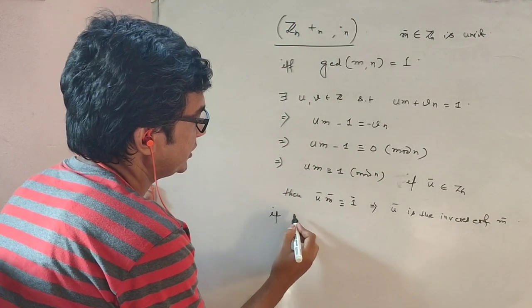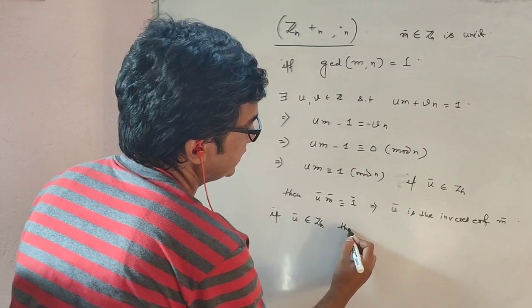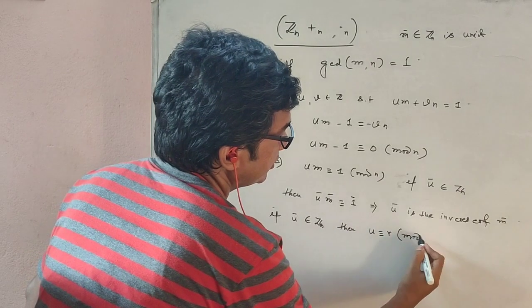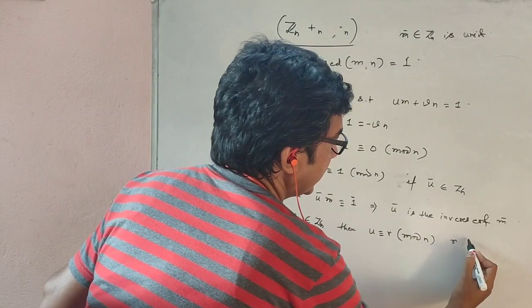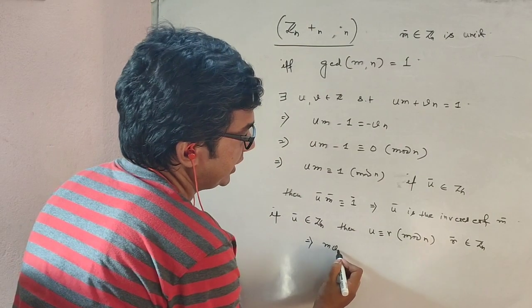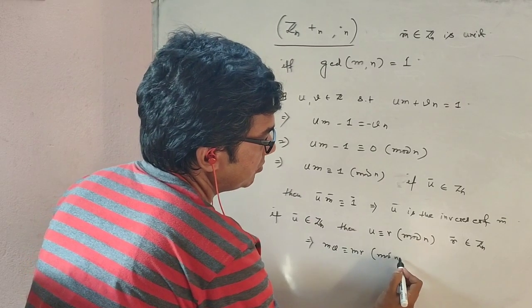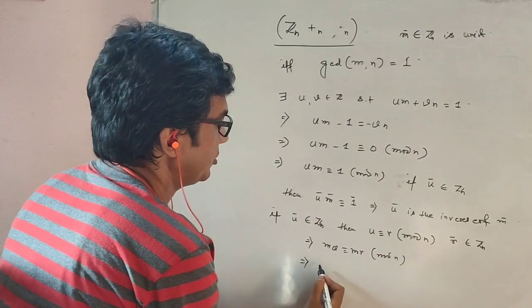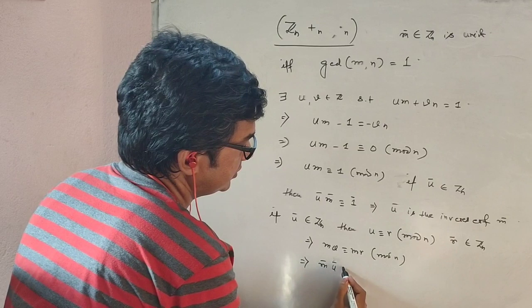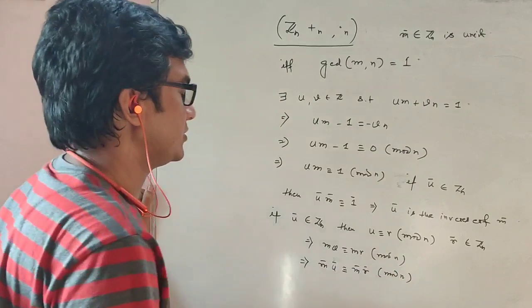But if u class does not belong to Zn, then we must have u congruent to r mod n, where r class belongs to Zn, implies mu congruent to mr mod n, implies m class into u class congruent to m class into r class.